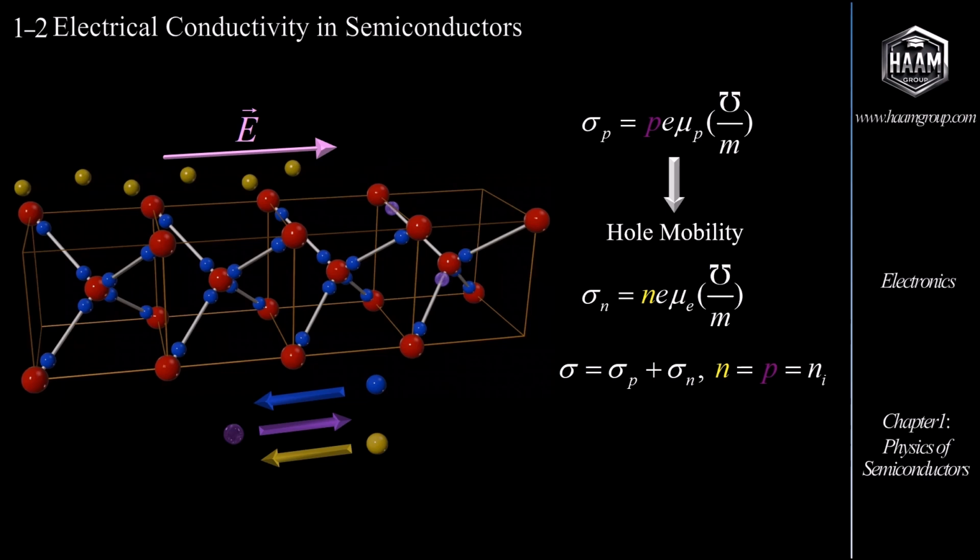So, substituting n and p into the equations for sigma sub n and sigma sub p with n sub i and factoring out n sub i e, we arrive at the following relation. Sigma equals n sub i e times (mu sub e plus mu sub p).